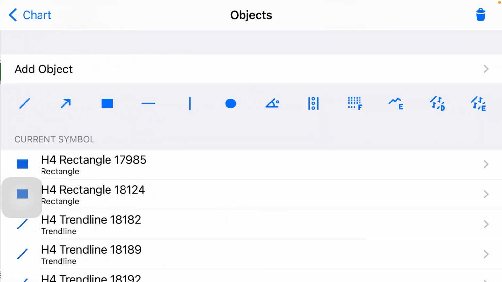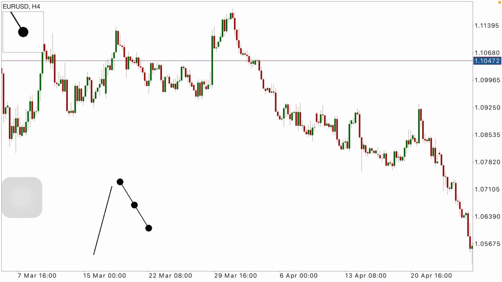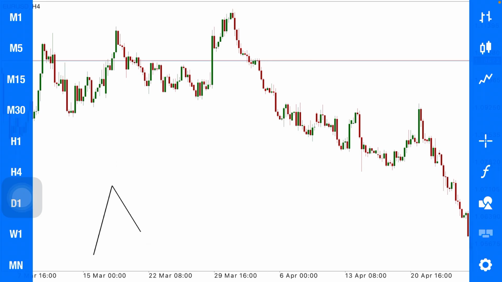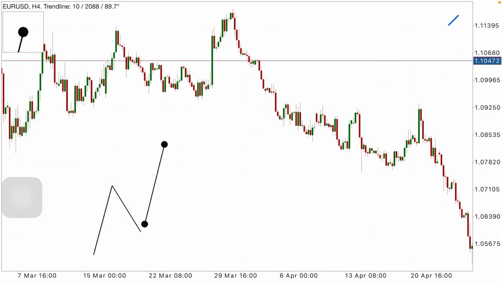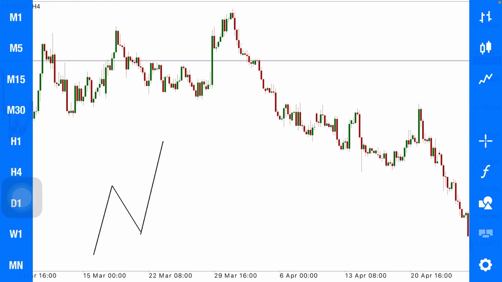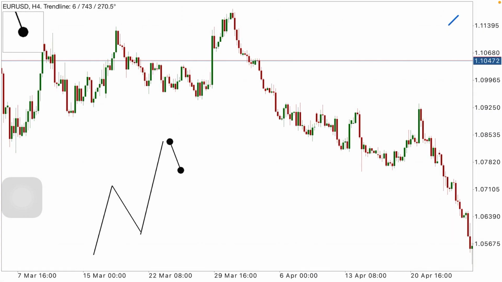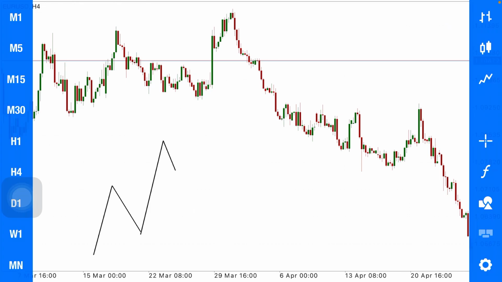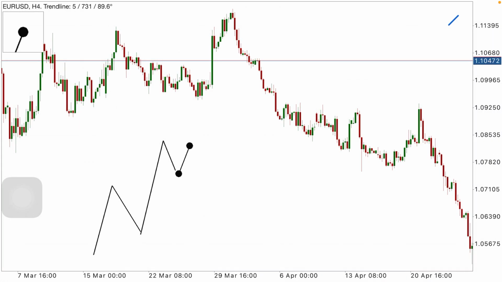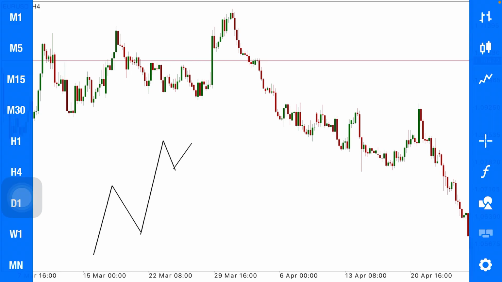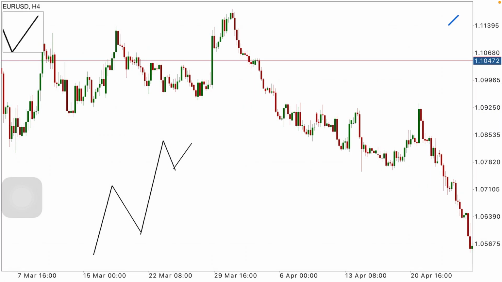Price makes a higher high and higher low, and got up to a particular point, which is like a peak, and formed something like a resting phase, and from there price came down, price sold.